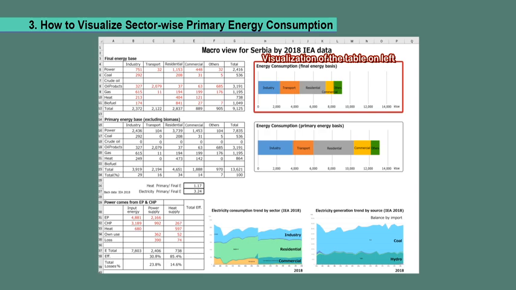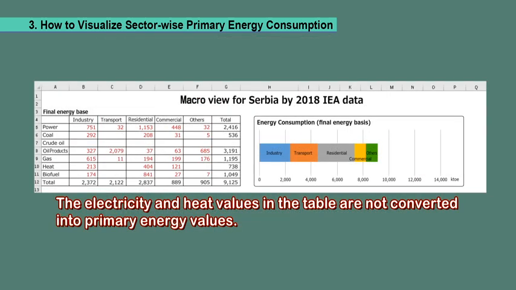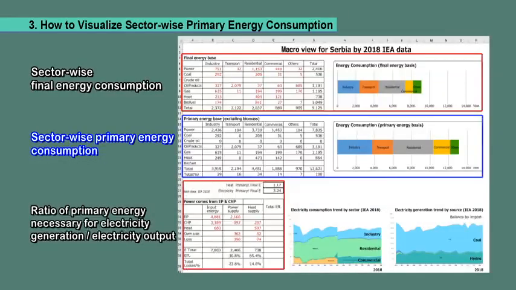The corresponding figure is the one on the right. Please note that values have not been converted to those of primary energy. As a solution, the figure in the middle shows visualized sector-wise primary energy consumption, generated using the information from the tables at the top and bottom.